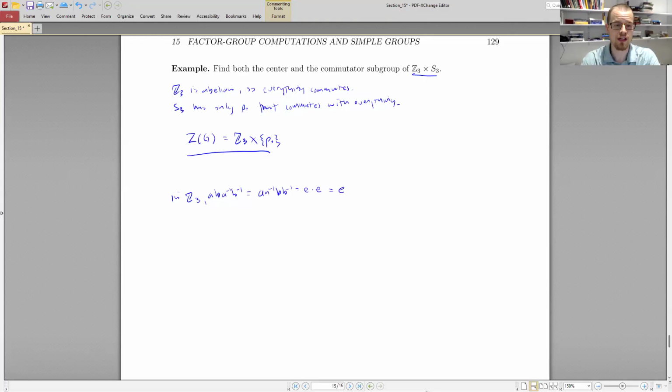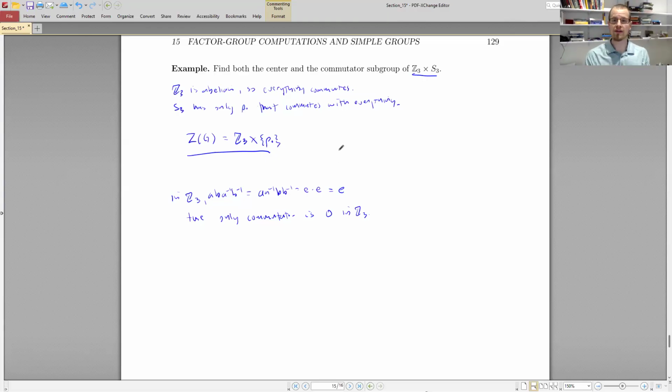So the only commutator is 0 in Z3 because everything commutes. So since I can rearrange everything, once I evaluate each of these expressions, A, B, A inverse, B inverse, I get back 0.